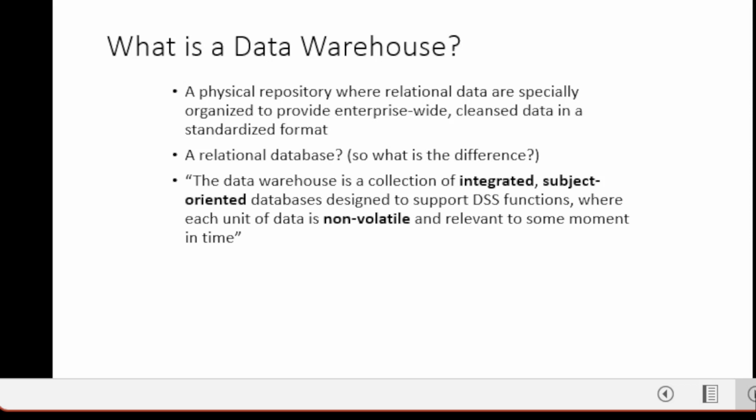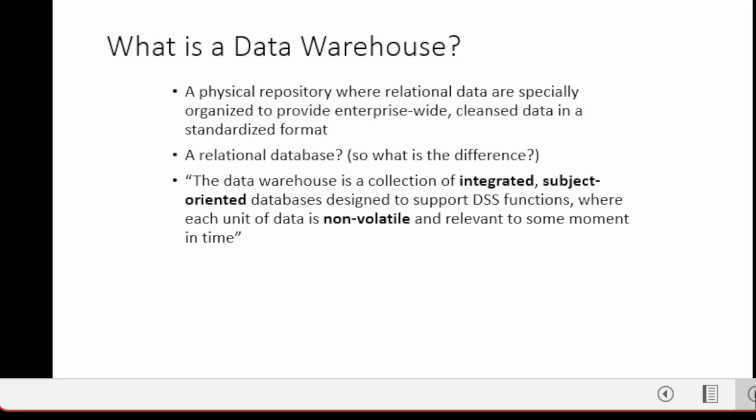So data are usually structured, but nevertheless, currently with big data analytics, we also have unstructured data. It comprises online analytical processing, data mining, querying, reporting, and so on. So these are the tasks that should be able to be done in a data warehouse.